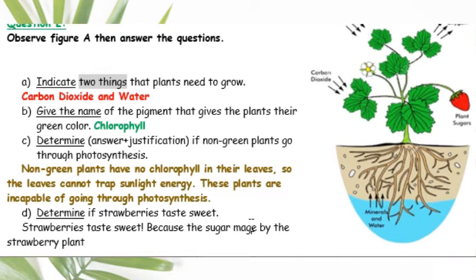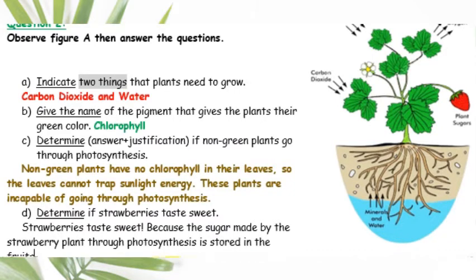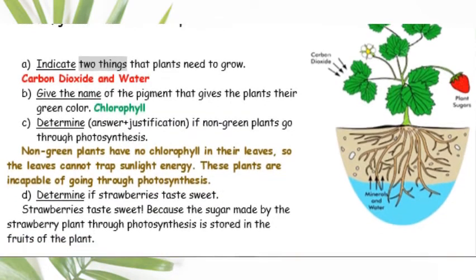the sugar made by the strawberry plant through photosynthesis is stored in the fruits of the plant. So the strawberry plant is a green plant.